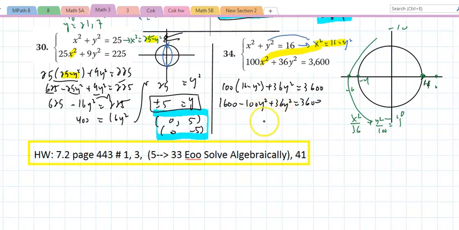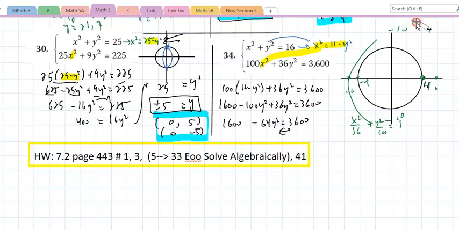So this is negative 64y squared equal 2000.